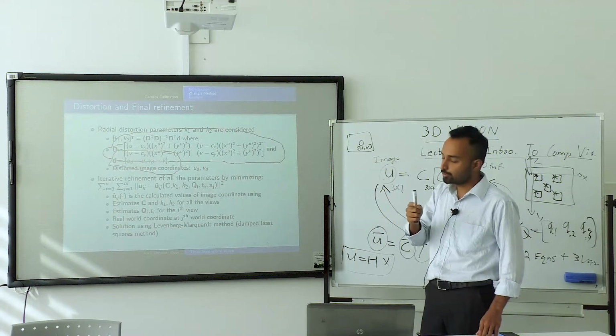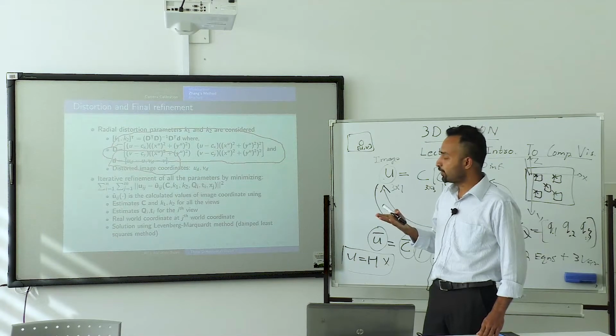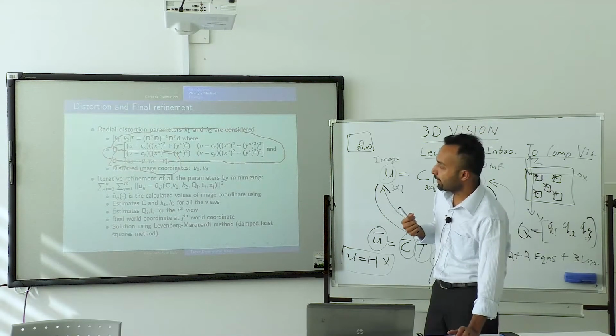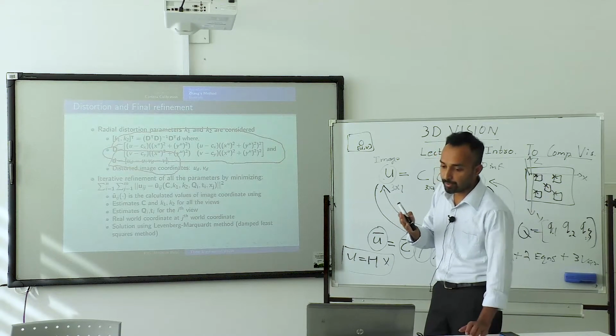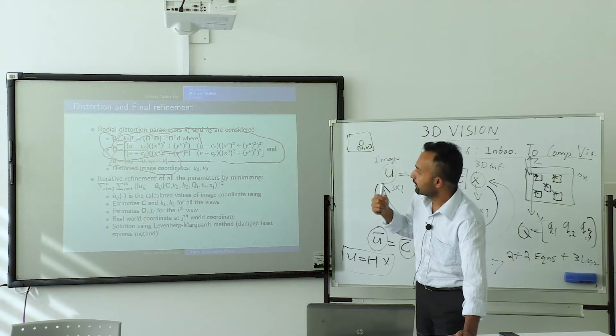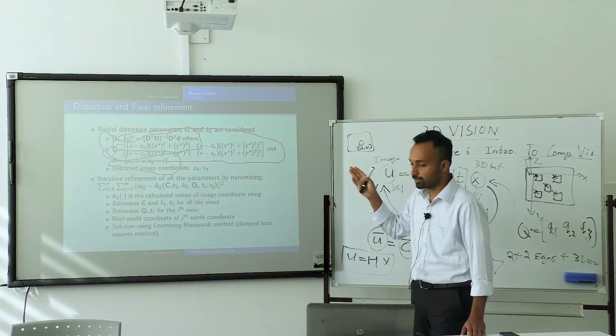What you see as XU, YU, as I have mentioned earlier, is the perspective projected coordinates. You can make an estimate for K1, K2 using the equation here by pseudo inverse operation, and you have an estimate for K1, K2.